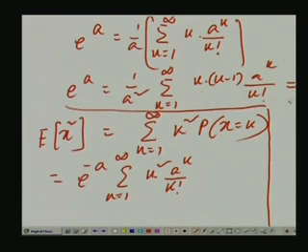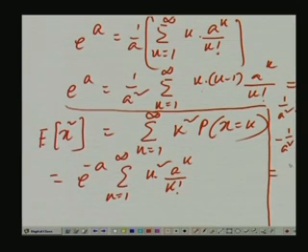So, one term you get 1 by a square k square a to the power k by factorial k, another term you get minus 1 by a square k a to the power k by factorial k, right. This part we have already seen what it is, a times e to the power a.